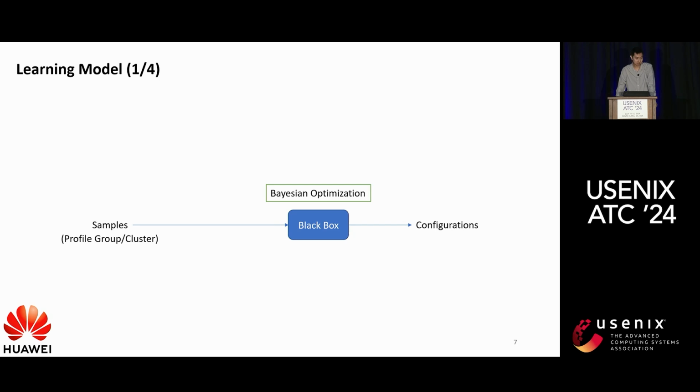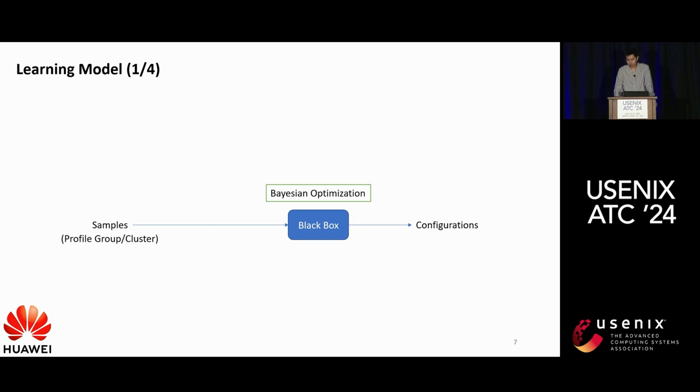Okay, let's go over the learning model. For training, Config-Snob uses a Bayesian optimization model, BO, as the learning model because it provides black box optimization that can adaptively explore the search space and find the best set of parameters.